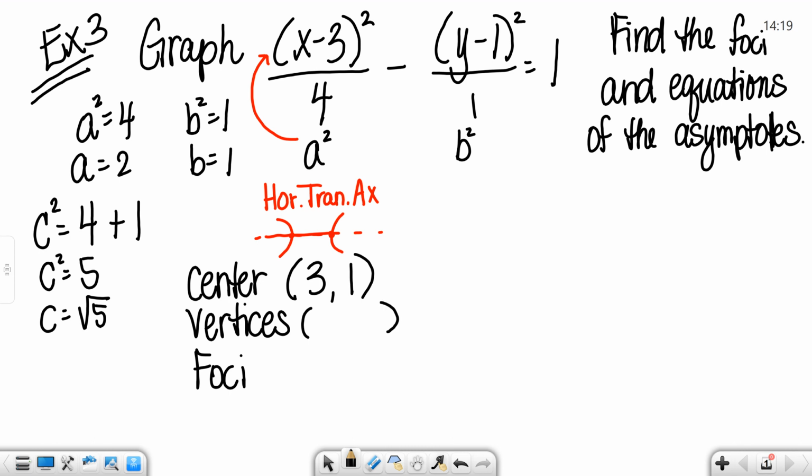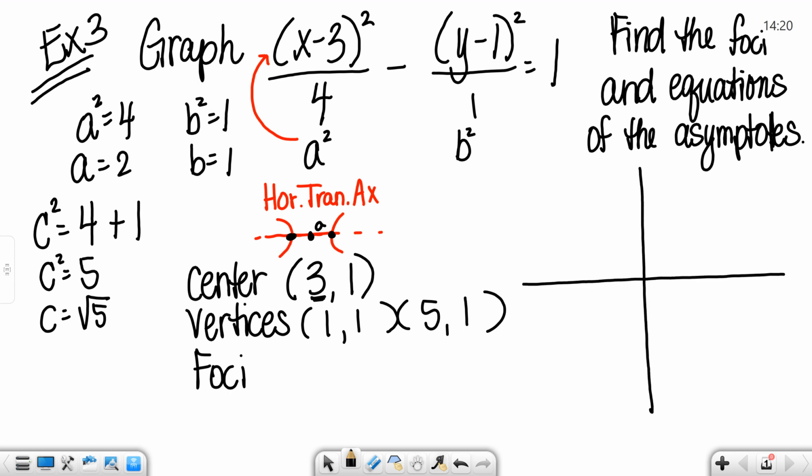Since this is horizontal, my vertices are a spaces from the center. So I am going to add my a value, which is 2, to the 3 because we're going left and right. So 3 minus 2 gives me 1, and 3 plus 2 gives me 5. Those are my two vertices. If we need to graph that as we go so you can visualize, that's fine.